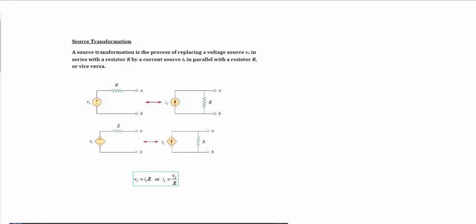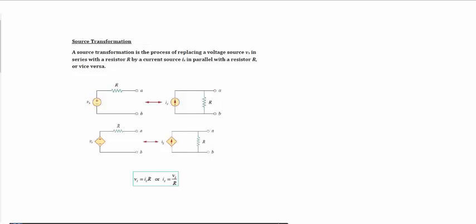Source transformation is basically the process of replacing a voltage source that is in series with a resistor with a current source that is in parallel with the resistor.